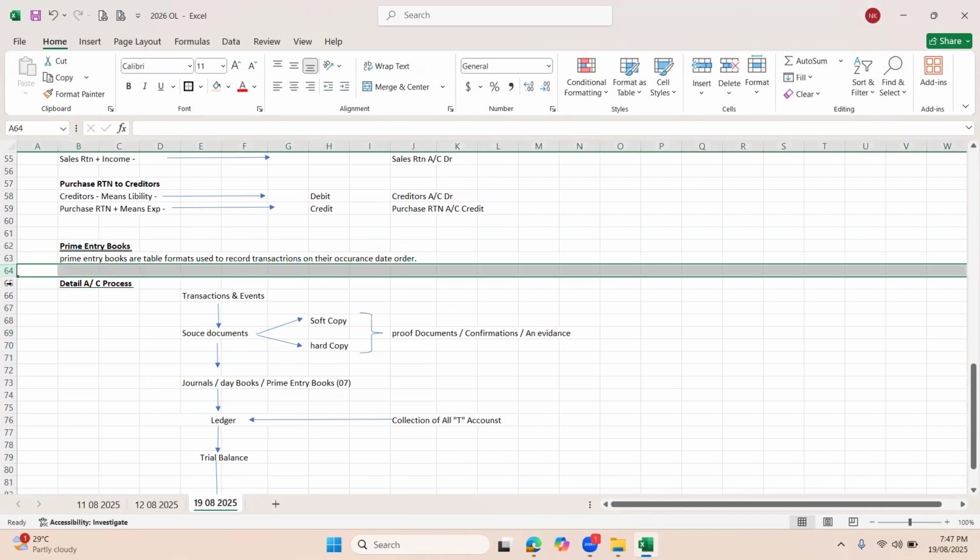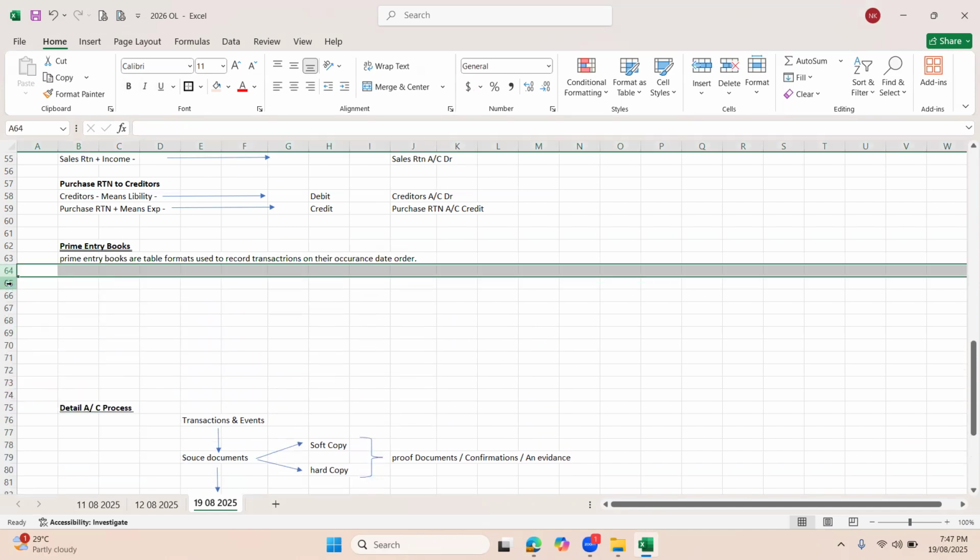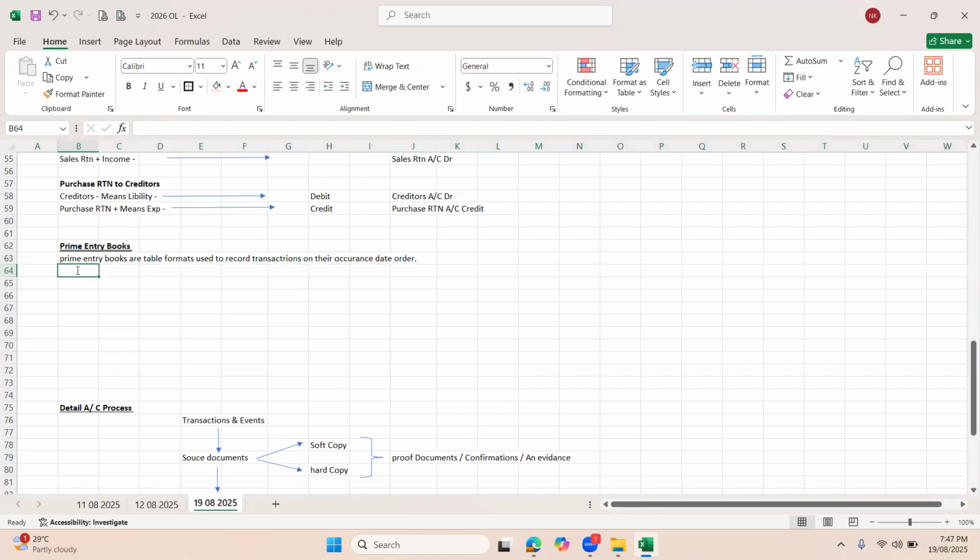There are 7 prime entry books. Number one, the sales journal. Number two, the purchase journal. Number three, the sales return journal.